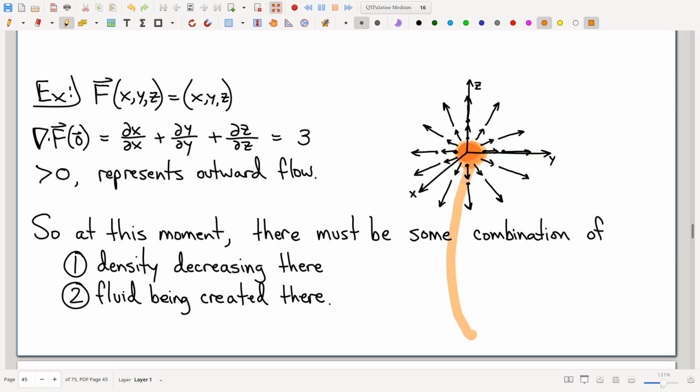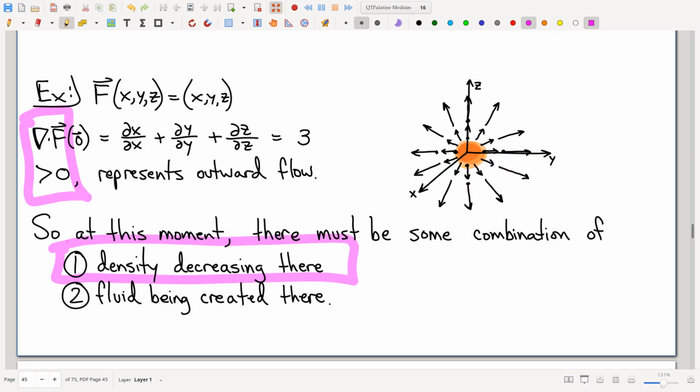And with that understanding, let's think about how I would interpret this positive divergence in that case. I'm going to say it would mean decreasing density. Because after all, if you've got a certain number of birds, and they're flying away, the number of birds remaining is clearly decreasing, because they're leaving. Does that seem right?